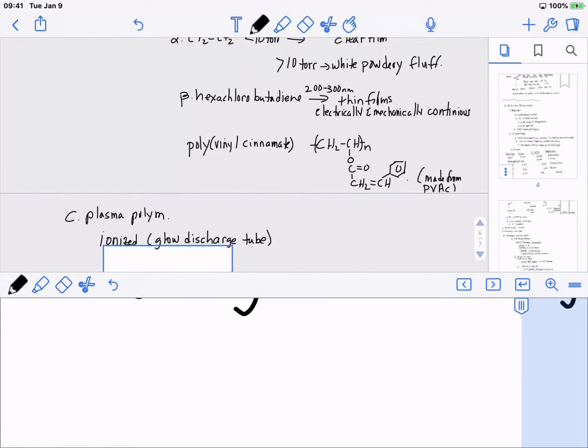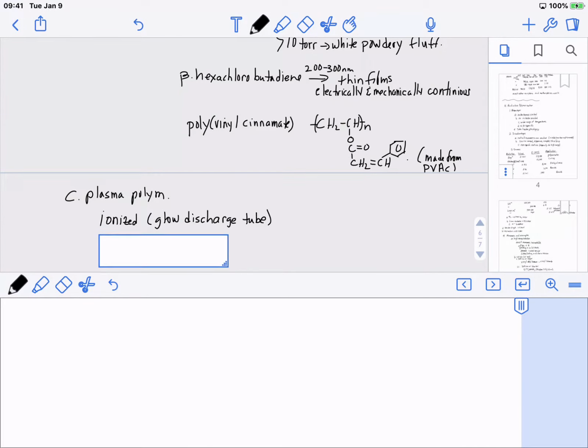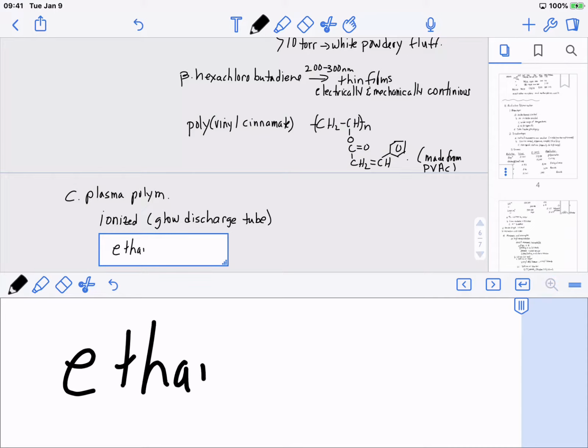And you put some monomer in there, and you can use conventional monomers or you can do unconventional monomers. So you can polymerize ethane. Okay, you normally think ethylene, but here you can do ethane. You can do tetrafluoroethylene.